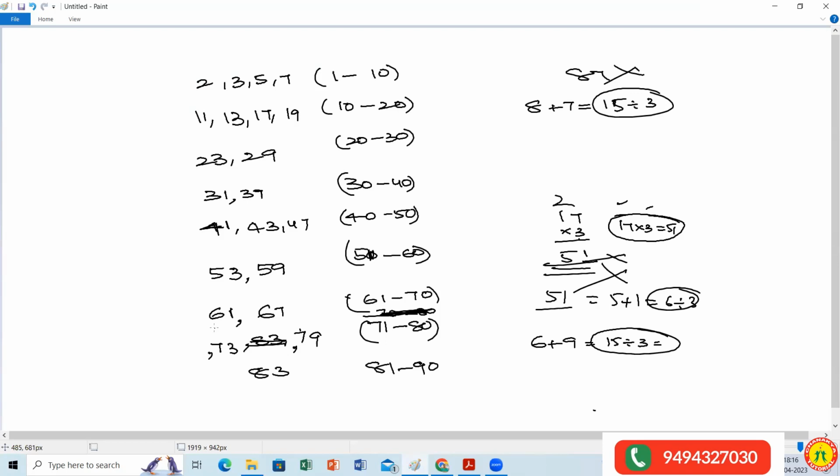Very good checking. 71 will come in any other table? No, ma'am, 71 is also prime. Very good. 71, good. 71, 73, 79 are the 3 prime numbers between 71 to 80.